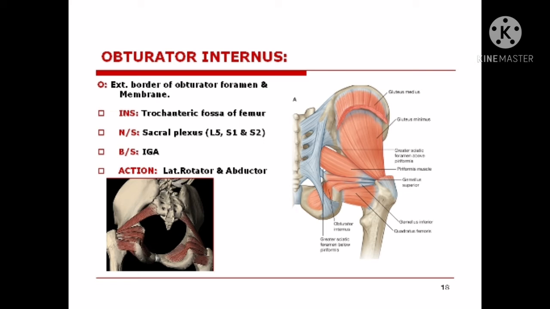The nerve supply is from the sacral plexus L5, S1 and S2 segments. The blood supply it receives from inferior gluteal artery, and as the other muscles, it is also a hip lateral rotator and also an abductor of the joint.